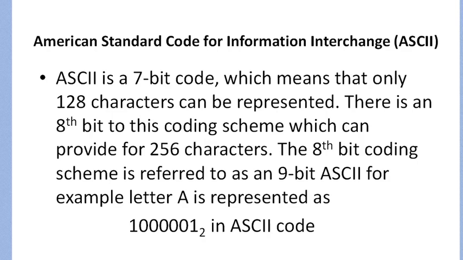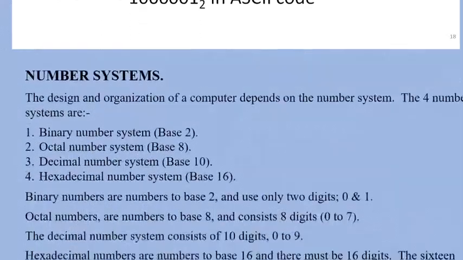The 8th bit coding scheme is referred to as 9-bit ASCII. For example, letter A is represented as 10000001. That 2 there, we shall look at what it means. It actually means binary. It is base 2, with 1 and 0.